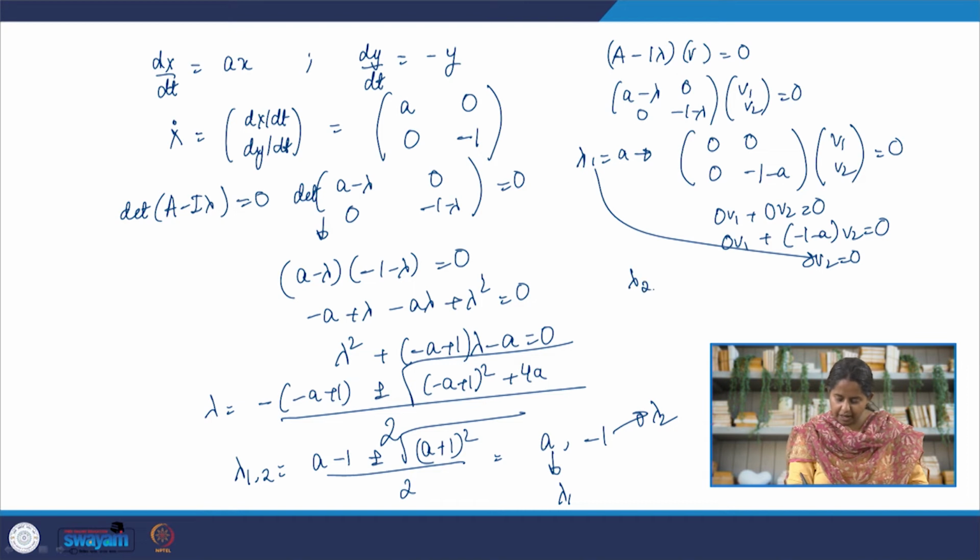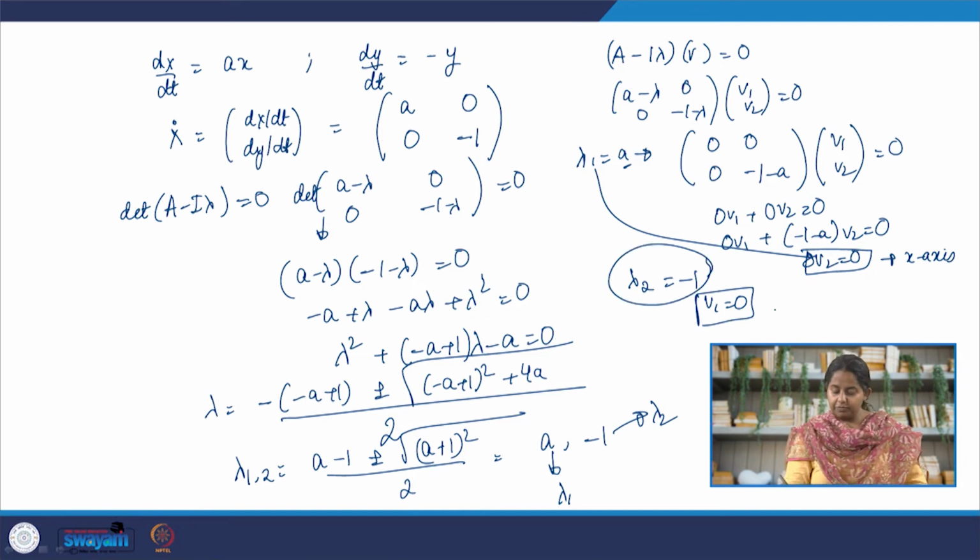Similarly, for lambda 2 is equal to minus 1, we will get V1 is equal to 0, which is actually very easy to interpret. When V2 is equal to 0, it means that corresponding to a, the eigenvector is our x-axis. And when V1 is equal to 0, it means corresponding to eigenvalue 2, the eigenvector is basically the y-axis.